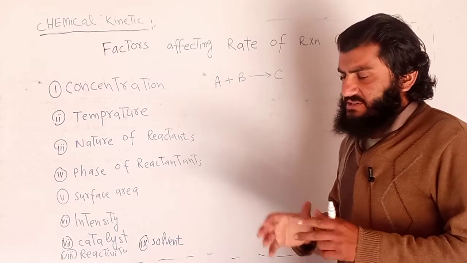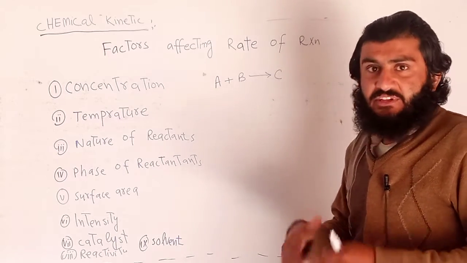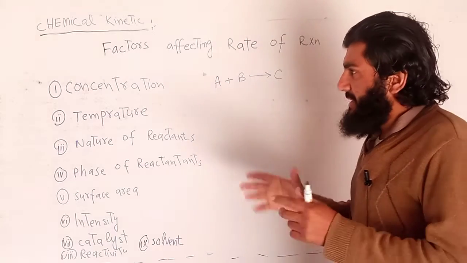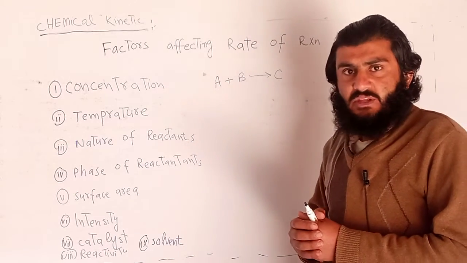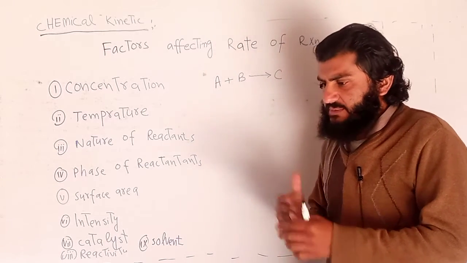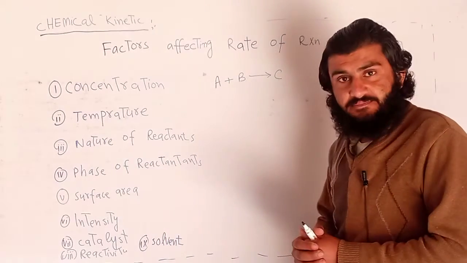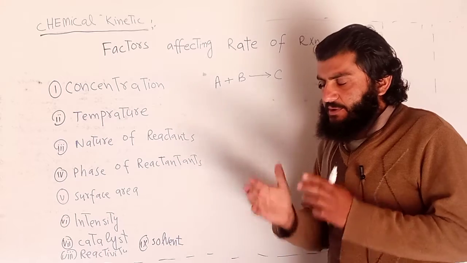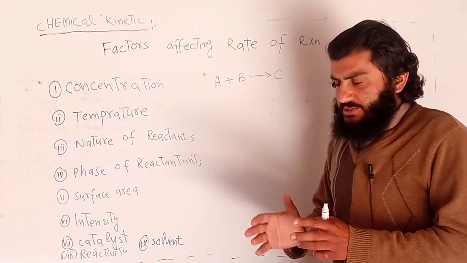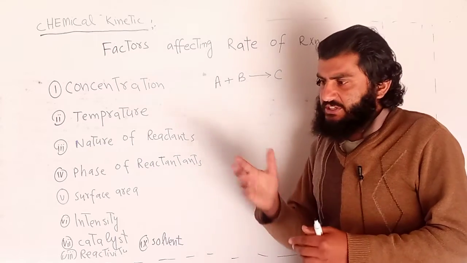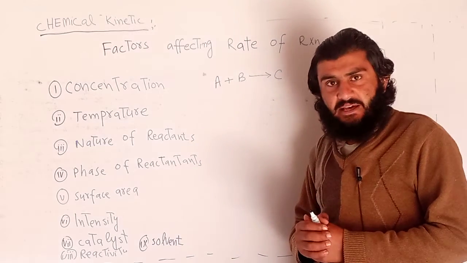So all reactions do not have the same trend of increasing the rate. Clear? So there are many types of reaction in which sometimes the rate of reaction decreases with increasing concentration. There are some reactions in which the rate of reaction does not change with increasing the concentration. Clear?